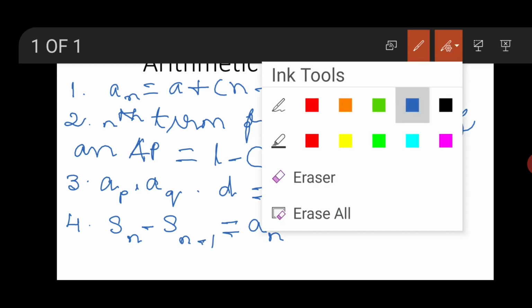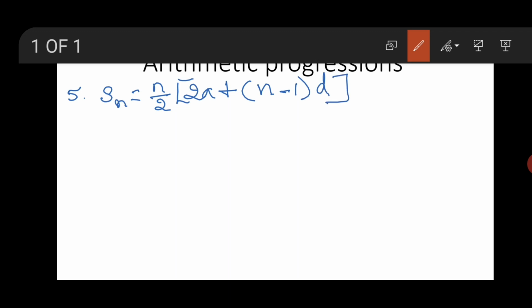Then the sum of first n terms of an AP is given by the formula Sn is equal to n by 2 into 2a plus n minus 1 into d. Here Sn is the sum of n terms, n is the number of terms, a is the first term, d is the common difference.